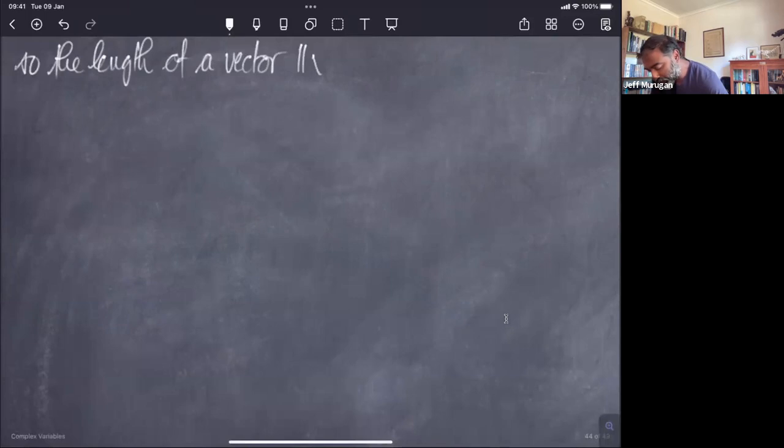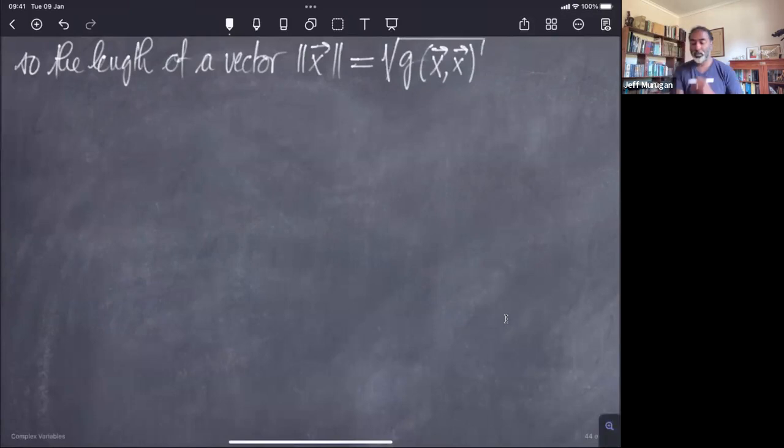So the length of vector x, for example, is given by the square root of G acting on x and x. Okay. The inner product naturally induces a metric on the vector space. So the vector space is then a metric space.